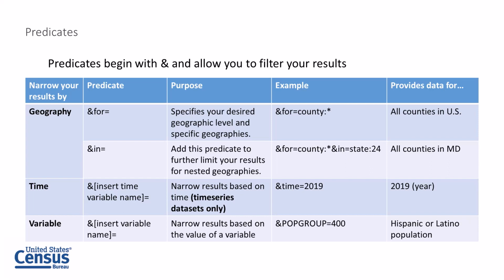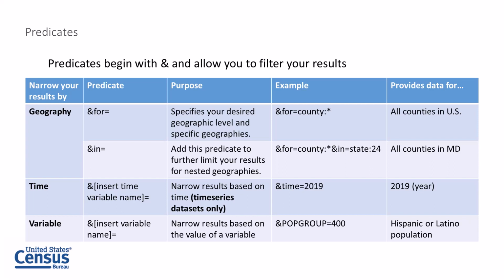As you're requesting the geographies you want and need, some cases will require you to further refine your request. Including &in equals allows you to further limit your results for nested geographies. As an example, you can include the predicate in the second example to get data for all counties that are nested within the state of Maryland.